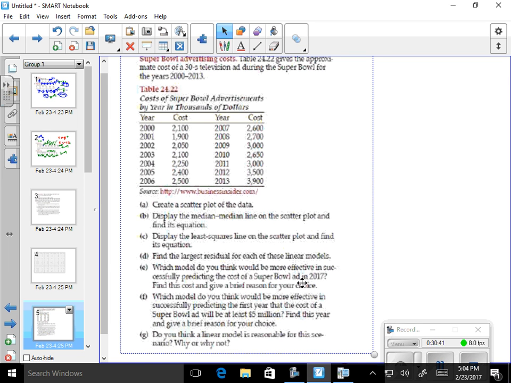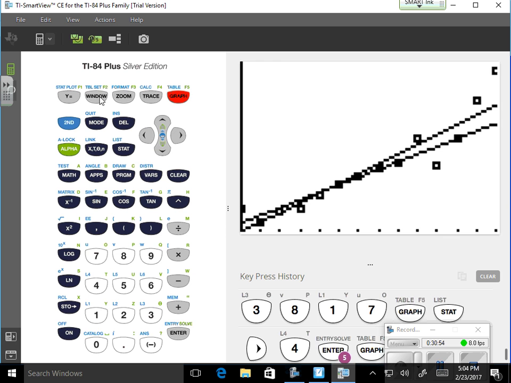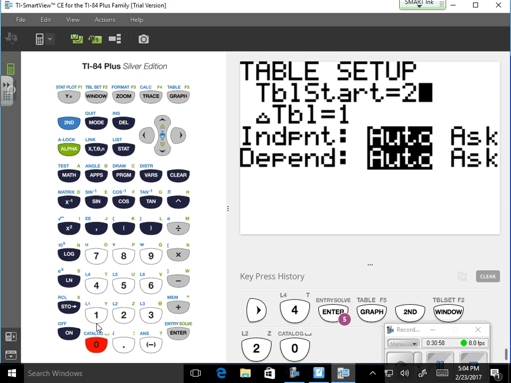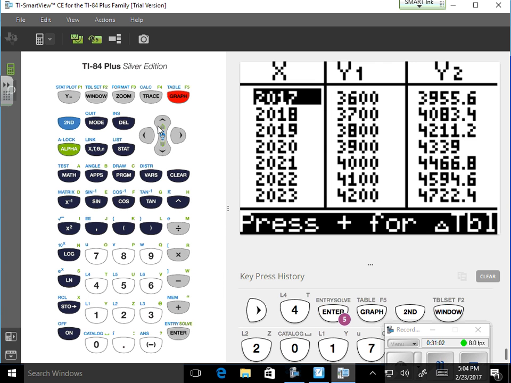Which model do you think would be more effective in successfully predicting the cost of a Super Bowl ad in 2017? So in 2017, we would need to start the window at 2017. We go to the table.